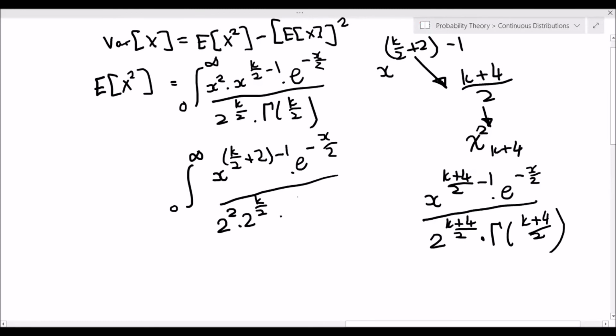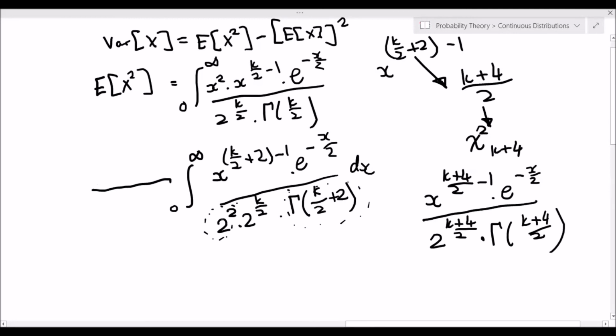And we're going to want to have a gamma with k/2 plus 2 inside. And don't forget the dx. Well, how do we get these parts in here? We have to multiply by the constants to ensure that the quotient of them resolves to 1.